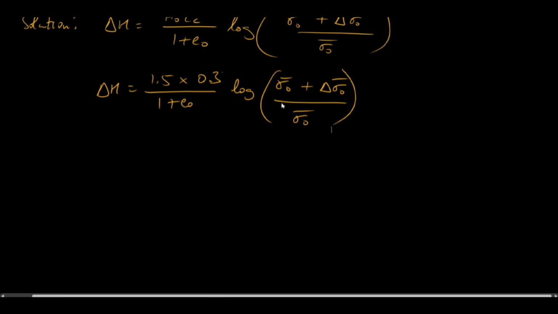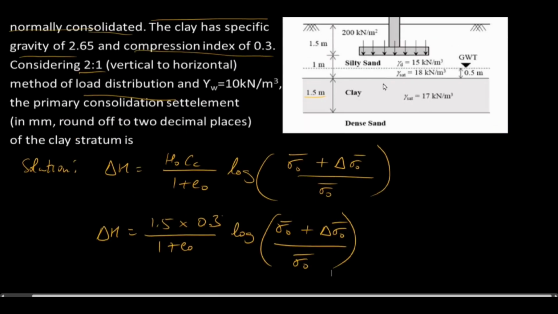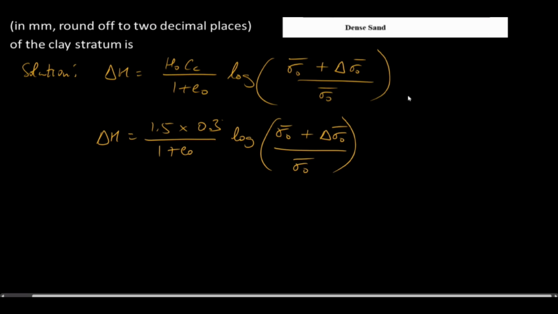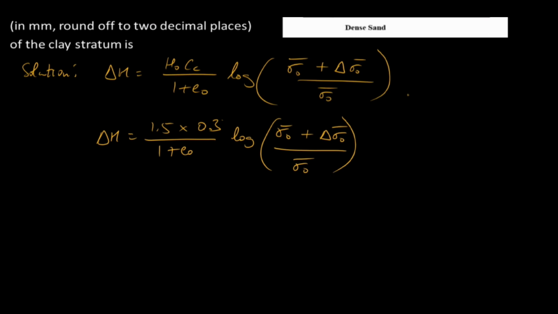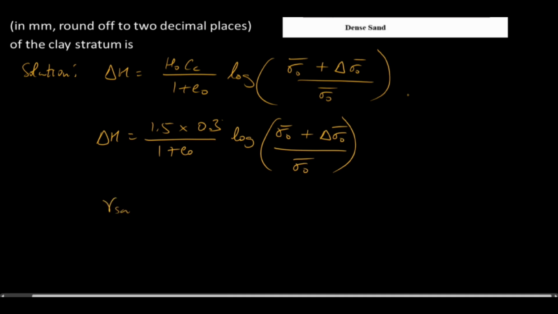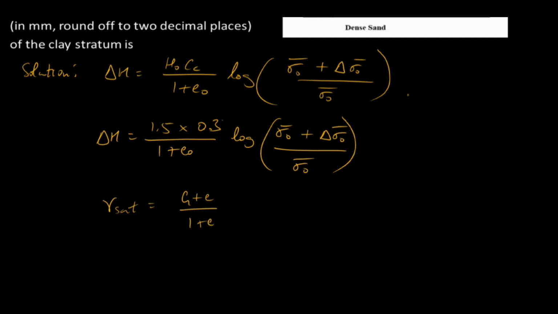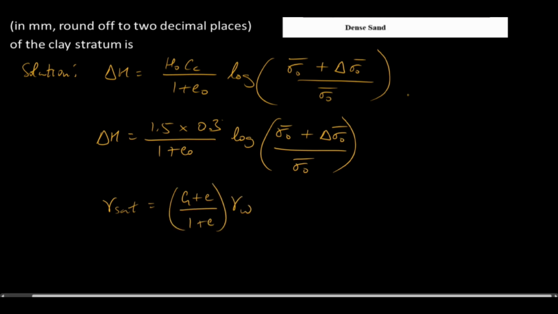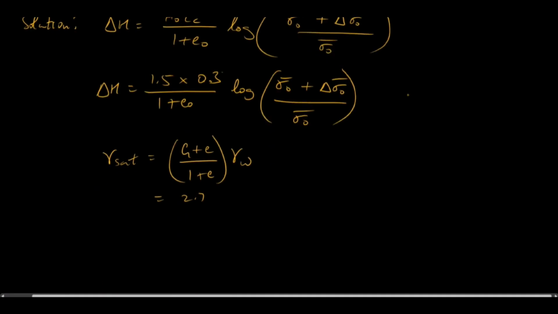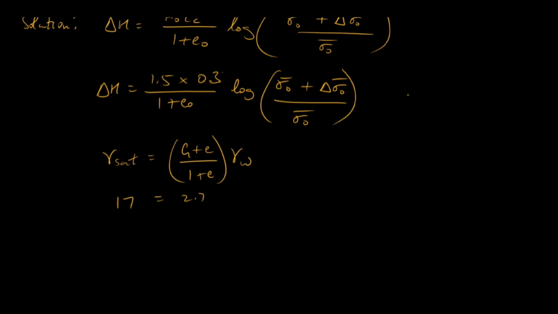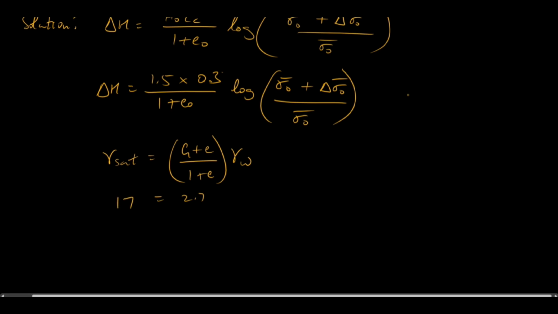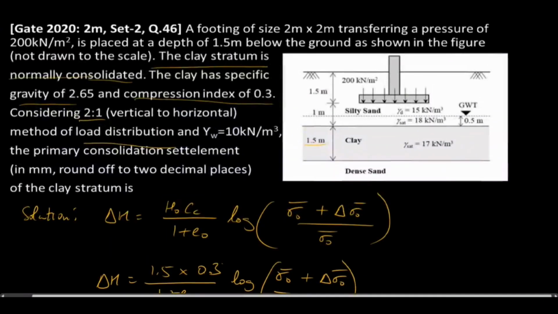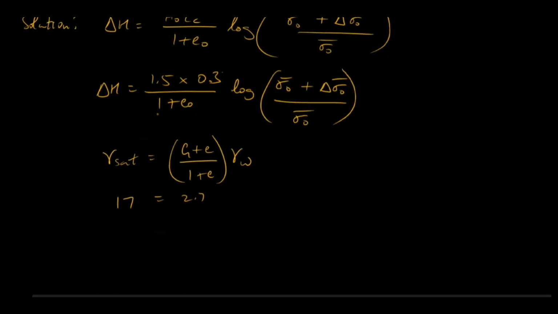To calculate e naught, we can use the equation of gamma sat, the saturated unit weight of clay. Gamma sat will be equal to (G plus e) divided by (1 plus e) into gamma W. They have given the saturated unit weight of clay as 17, and the specific gravity of clay as 2.65, it's not 2.7.